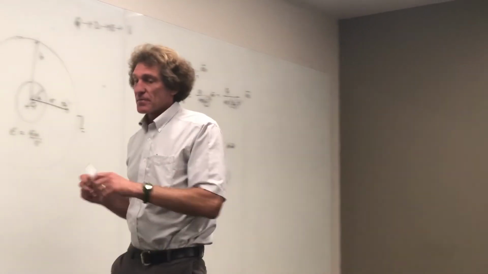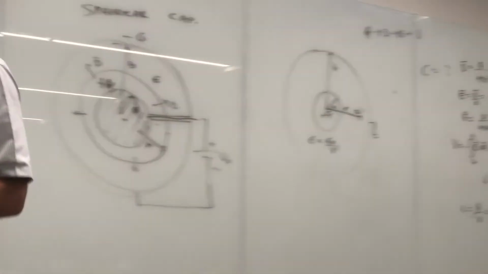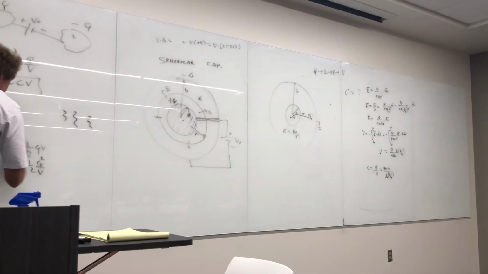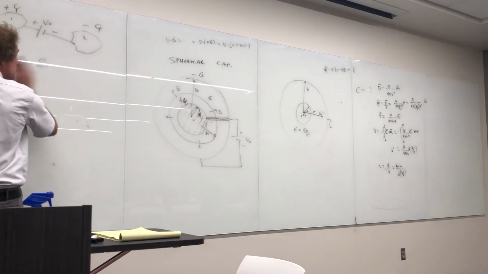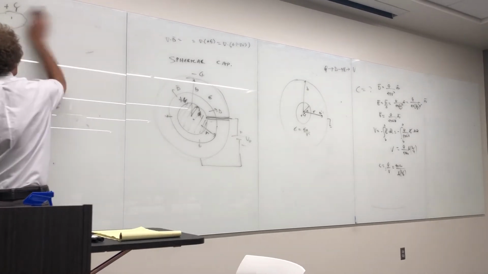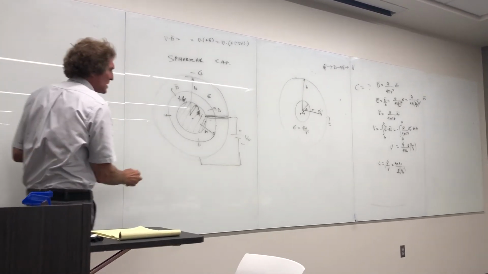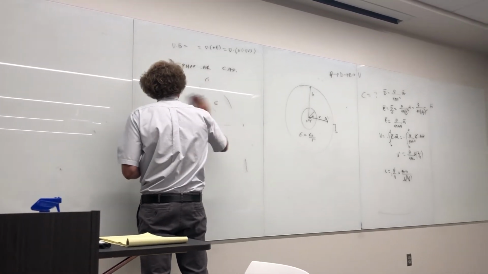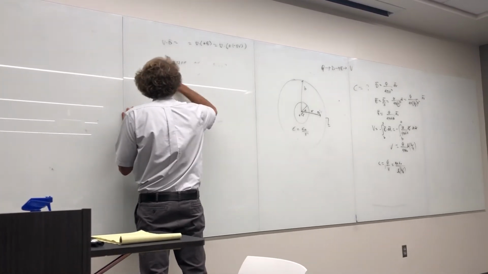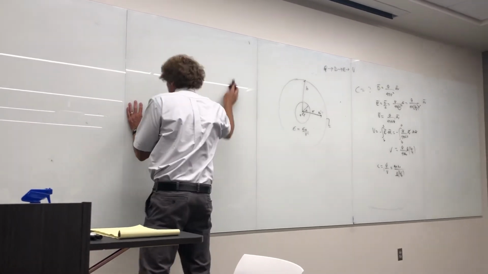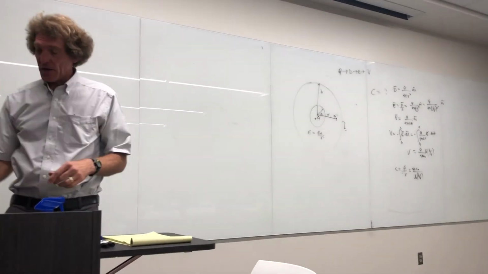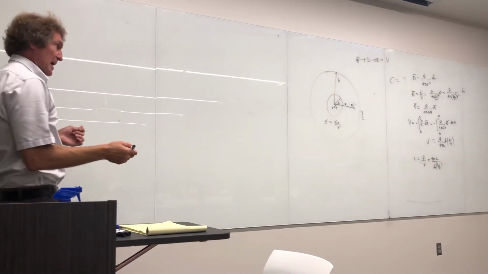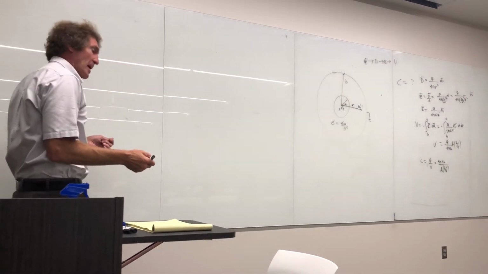Now we'll do cylindrical briefly. Whenever you're doing cylindrical symmetry, it's usually an infinite type of thing, so you have to limit the extent of the actual pipe you're talking about.